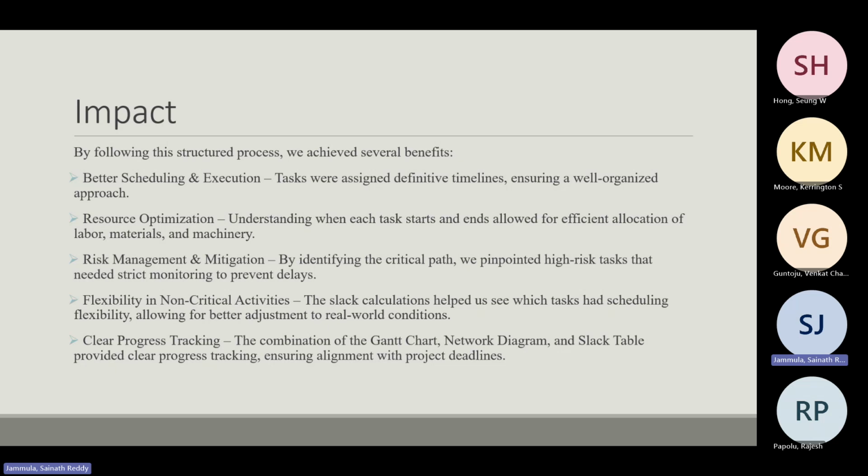And by identifying the critical path, as we mentioned, we pinpointed the high-risk tasks that need strict monitoring to prevent delays which might delay the whole project. And flexibility in non-critical activities helped us to see which activities had scheduling flexibility, which allowed us better adjustment to real world conditions.